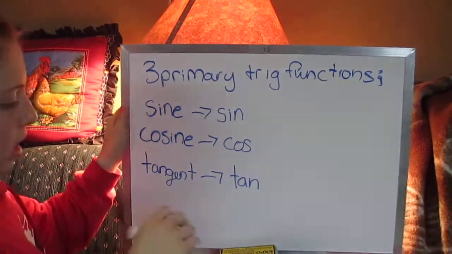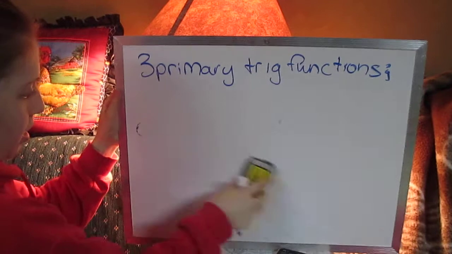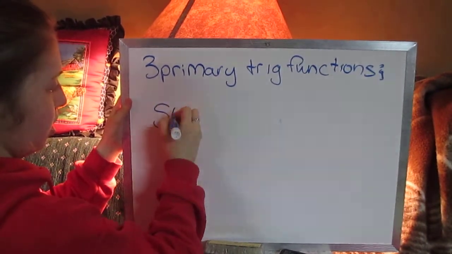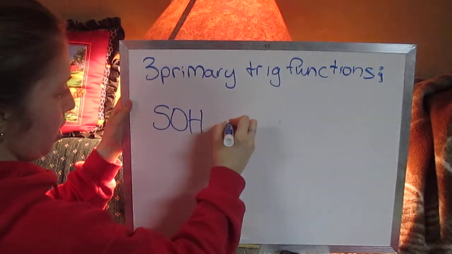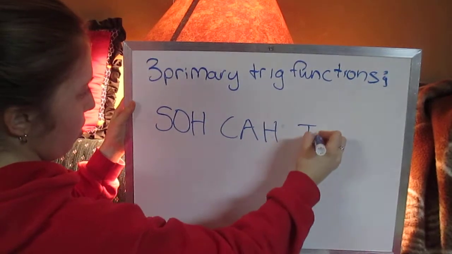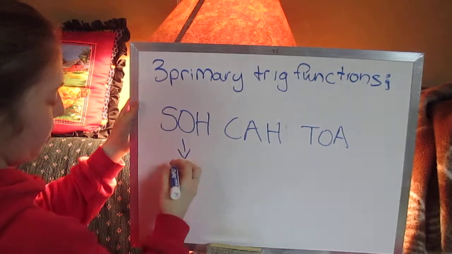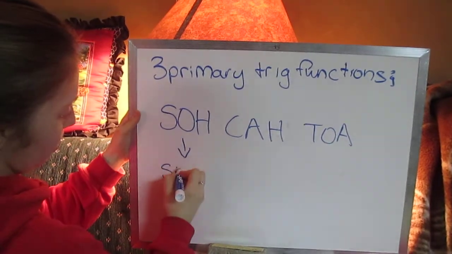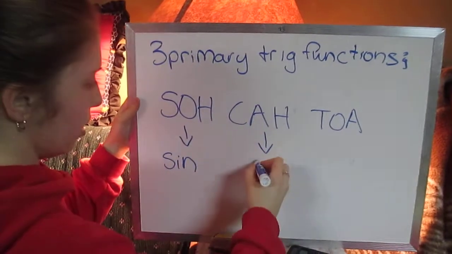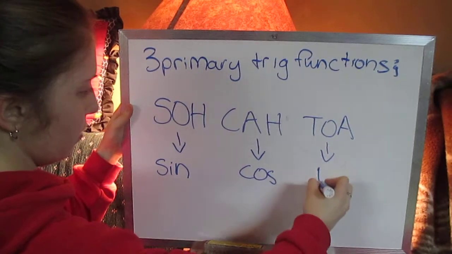And they make a short form for them, which is SOH CAH TOA. SOH stands for sin, CAH stands for cos, and TOA is for tan.